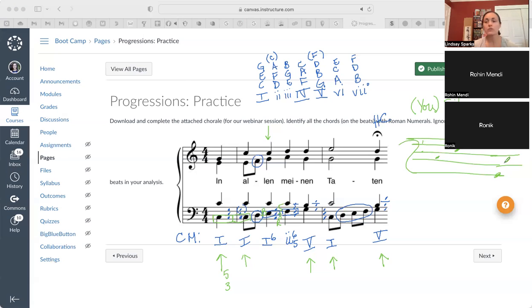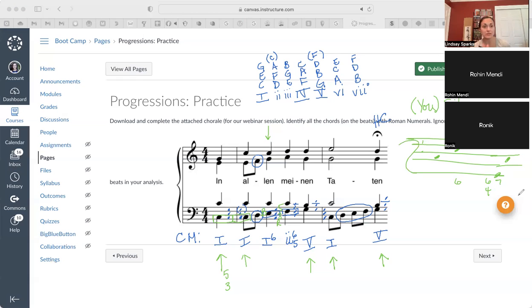You would see whatever rhythms you wanted on here. And you would maybe see nothing under this note. You'd see a 6 under that note, nothing under this note, maybe a 6/4, and then a 7, and then a 1.